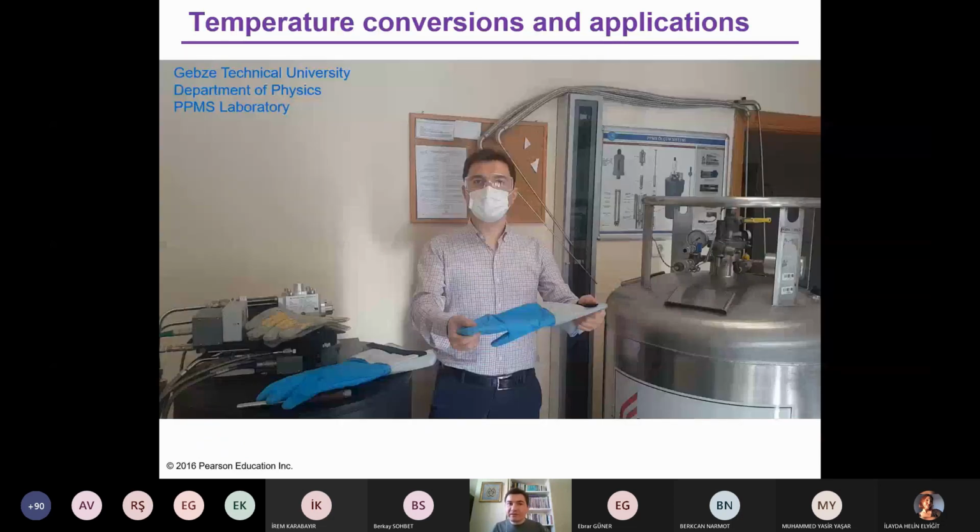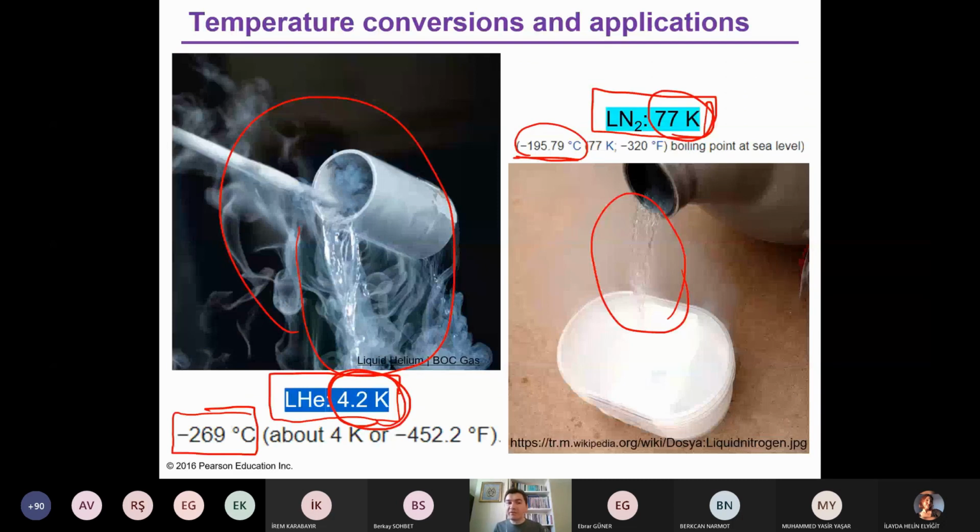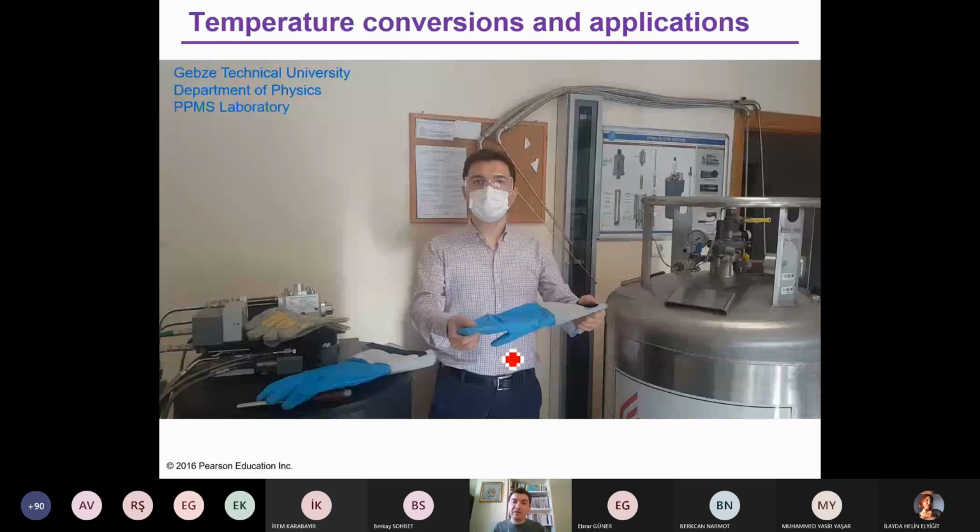And how to deal with these very low temperatures? I'm talking about 4.2 Kelvin. Actually, they are very dangerous liquids because they are very cold, and you must be very careful when dealing with these very cold liquids. Here, for example, on the right side, there is a dewar or tank which contains liquid helium, and the temperature of this liquid helium is 4.2 Kelvin or minus 269 degrees Celsius.